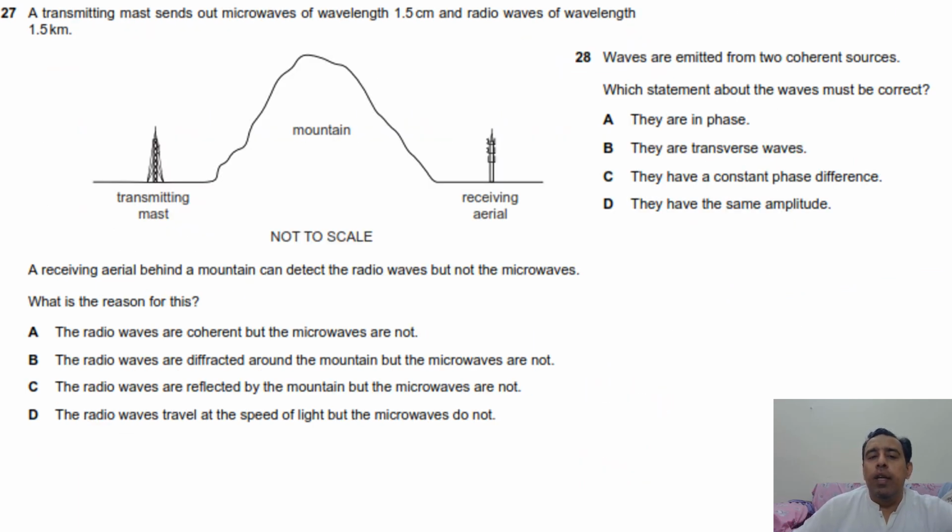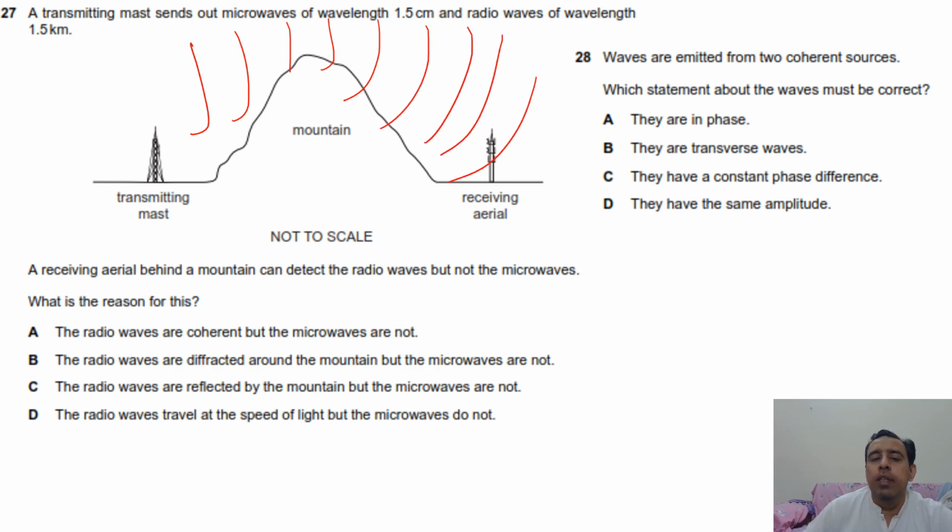Question number 23 is a very simple question. You know that the waves coming from the transmitting mast are going to have diffraction here. That's where they are going to bend to be received at this point. So this question is straight away related to diffraction. The radio waves are diffracted. Yes, B is correct, while the microwaves are not; diffraction depends upon the obstacles or the gaps.